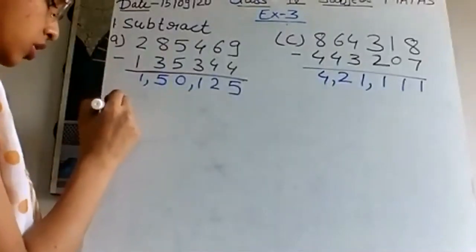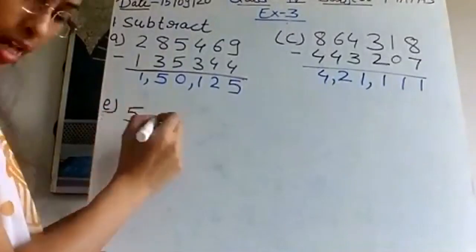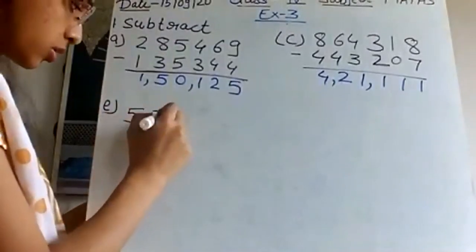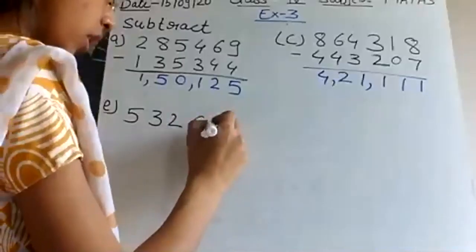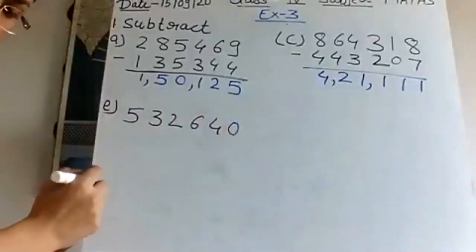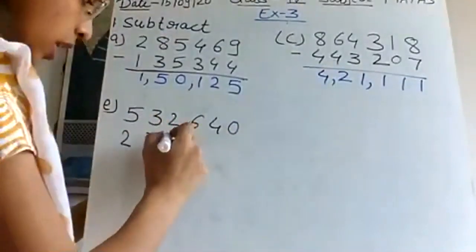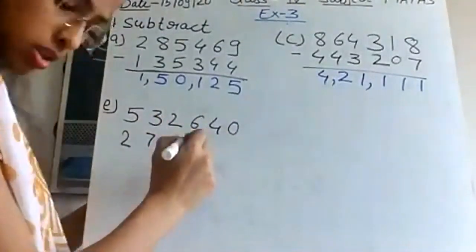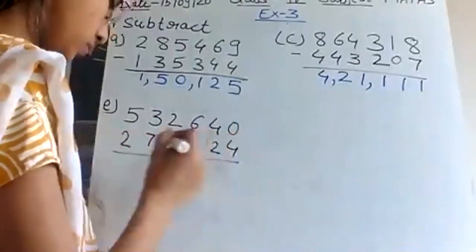Question E. The numbers are 5,32,640 minus 2,75,324. Okay.